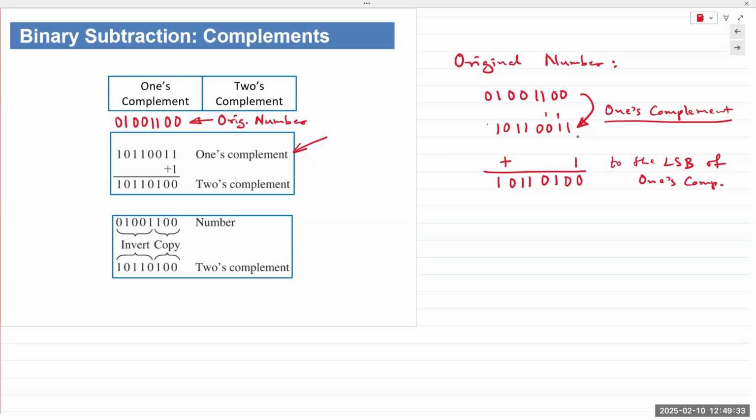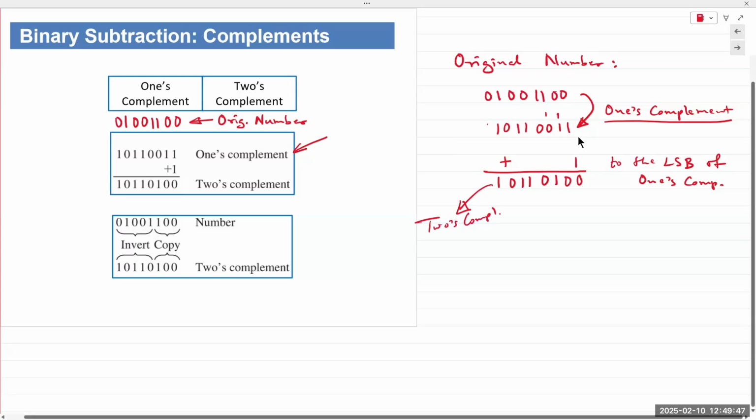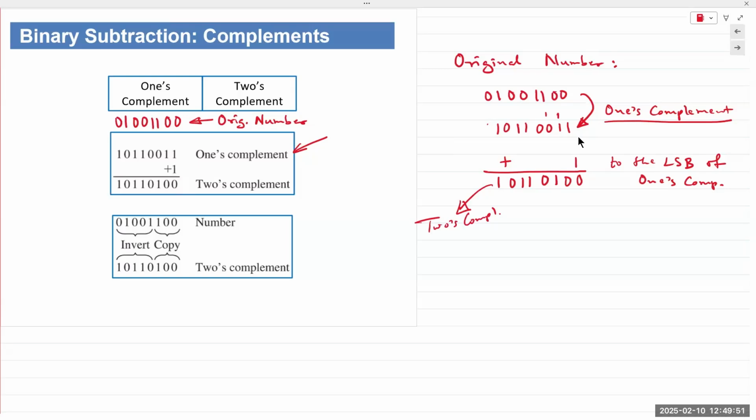That's the twos complement. Does that make sense? Take the original number, you invert all the digits, you get the ones complement. If you add plus 1 to the ones complement, you get the twos complement.